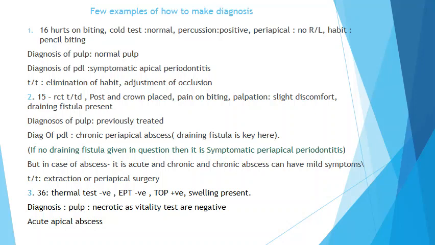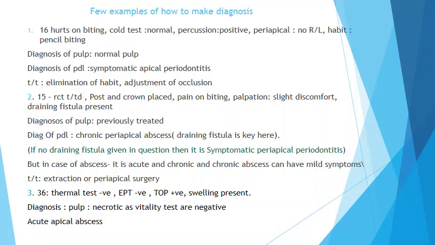Moving on to next example, we are given in the case history that tooth 3-6 has tested negative to the thermal test, negative to the EPT, it is tender on percussion, and there is swelling present. So thermal test and EPT test are the tests of vitality. So the tooth is non-vital, the pulp is necrotic.